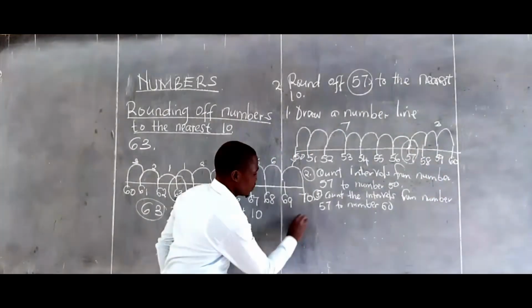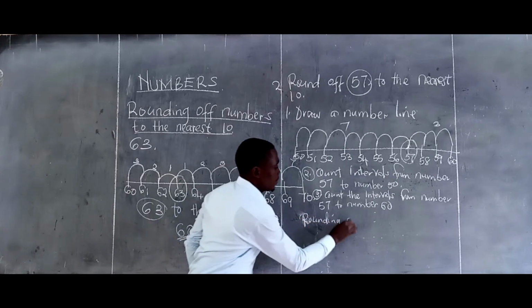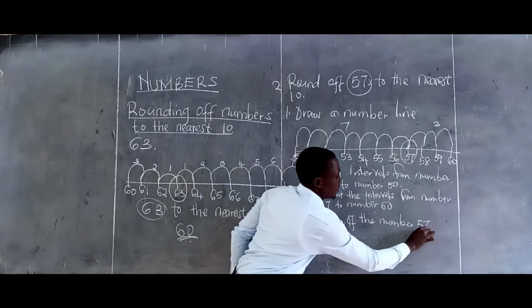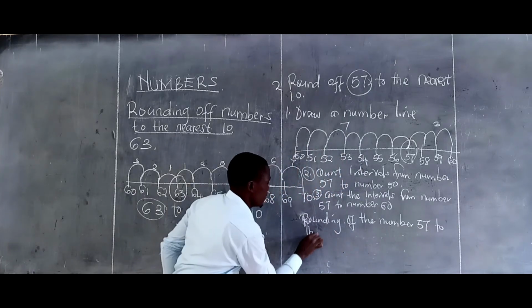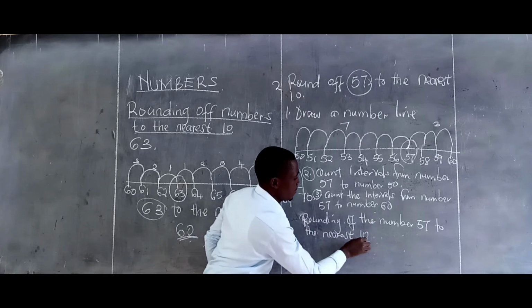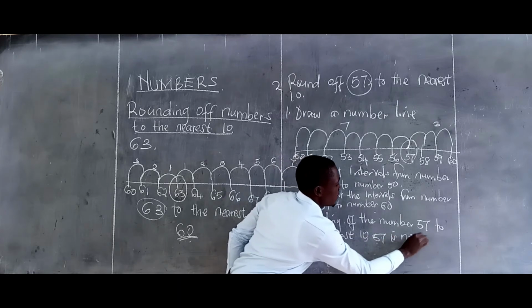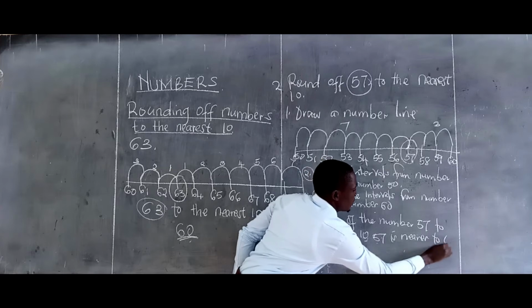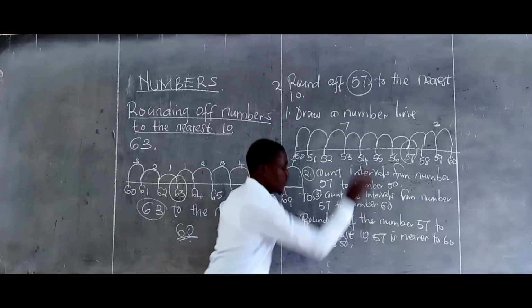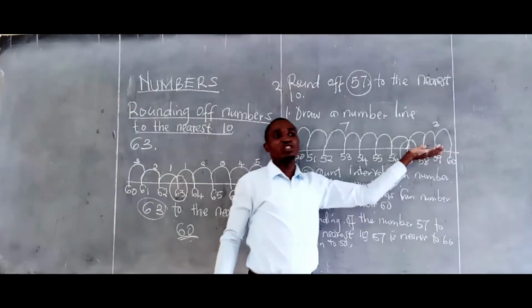So to round off, 57, we now conclude that it is nearer to 60 than to 50.